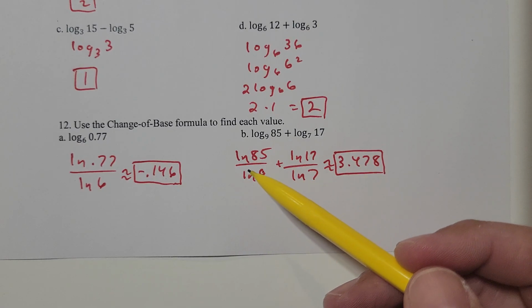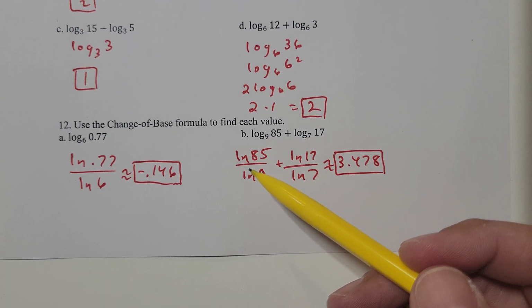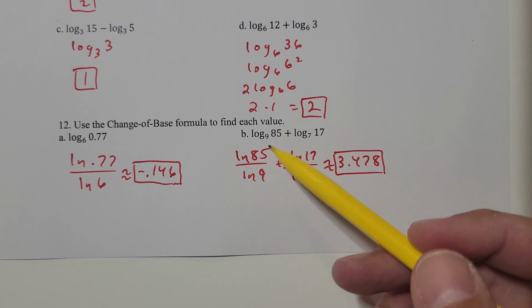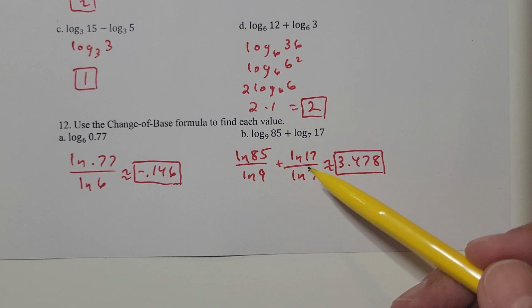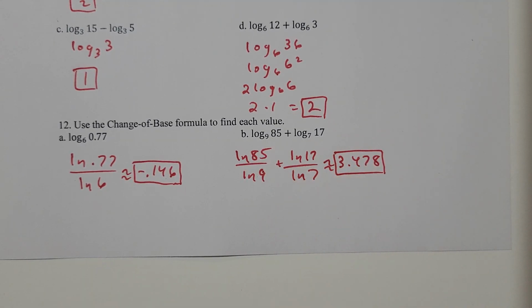Let's see, I'm going to have the ln of 85 divided by the ln of the old base, which is base 9 on that first logarithm, plus the ln of 17 divided by the ln of the old base. The old base is 7. Let's go ahead and type that in.